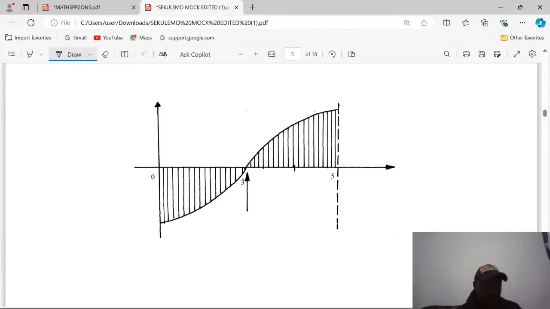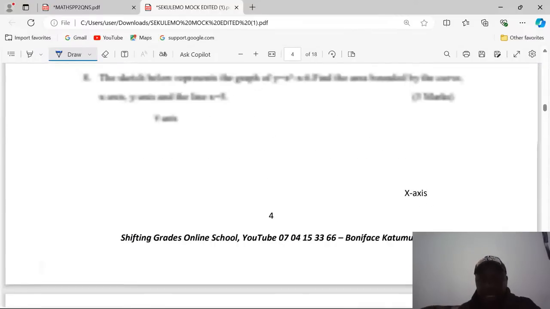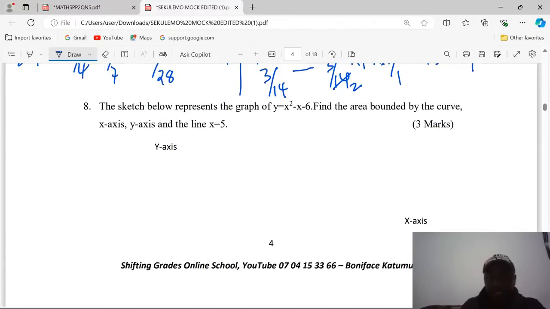All right, we are going to integrate partially, or twice. First of all, we integrate from 0 to 3, then from 3 to 5. These are two different areas lying on two different regions, and so we shall calculate independently. The curve being integrated is the one up here. The area is divided into 2.